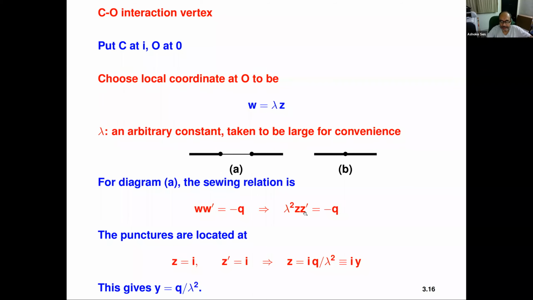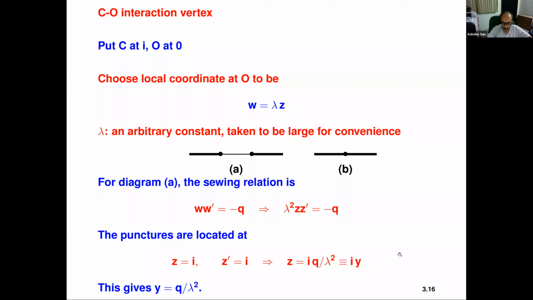At this stage, you can use either z prime or z to describe our final upper half plane. I'll use the z coordinate. In the z coordinate, let's see where the punctures are located. This closed string puncture is of course at i, so we have not changed anything, z equal to i. The other closed string puncture is at z prime equal to i, but this translates to z, using this relation, as iq by lambda squared.